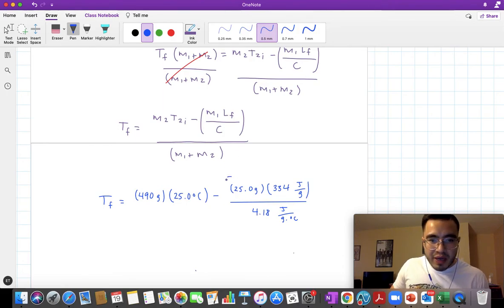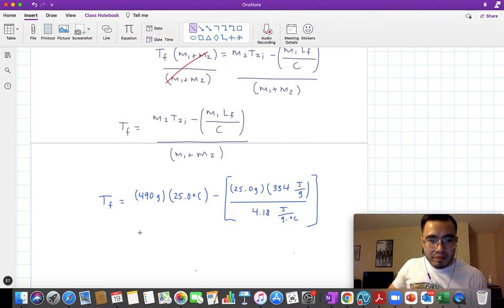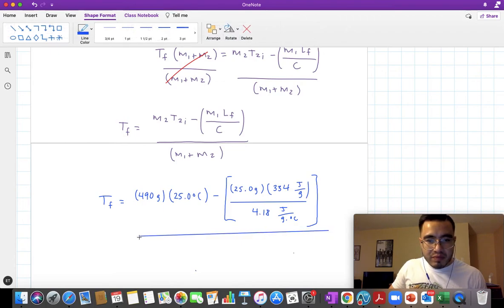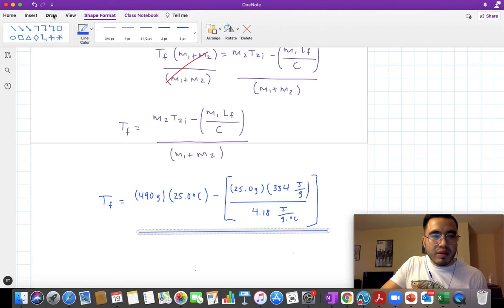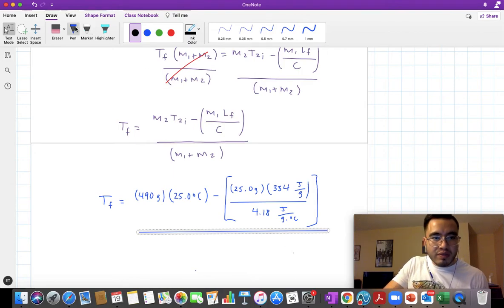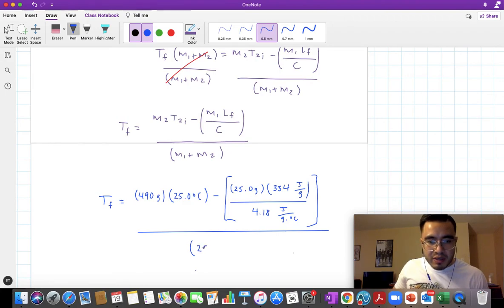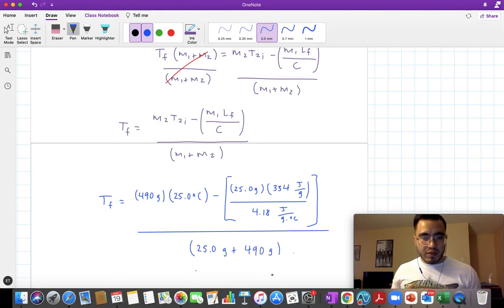And then we're going to add brackets to this, and all that divided by mass 1 plus mass 2, which is mass 1, the mass of the ice, 25.0 grams, plus 490 grams. Okay, we're ready.